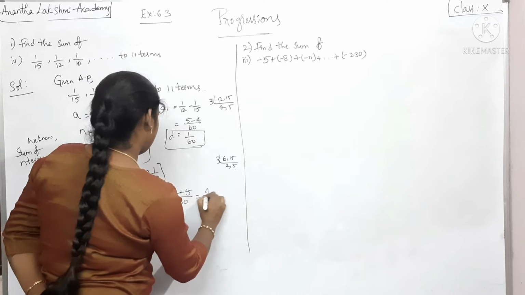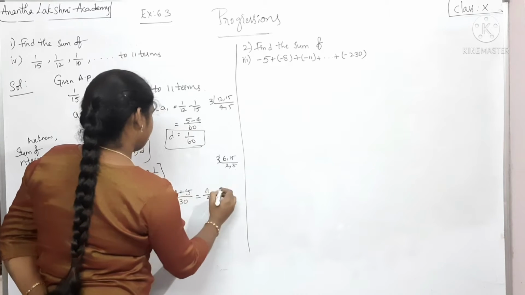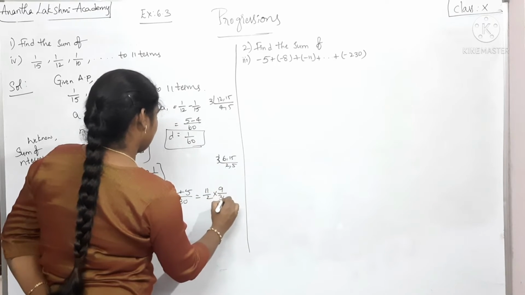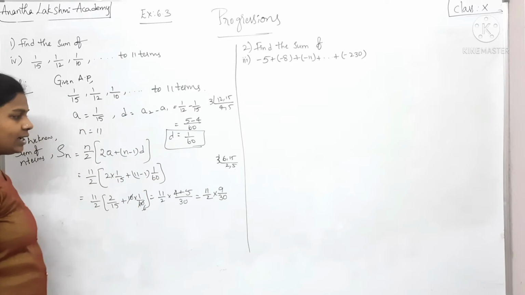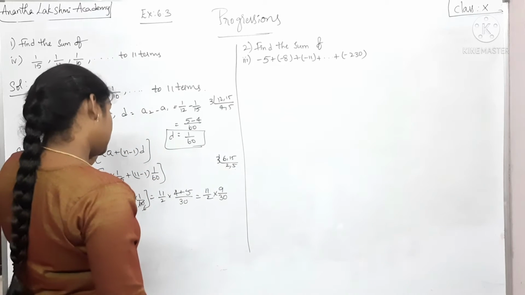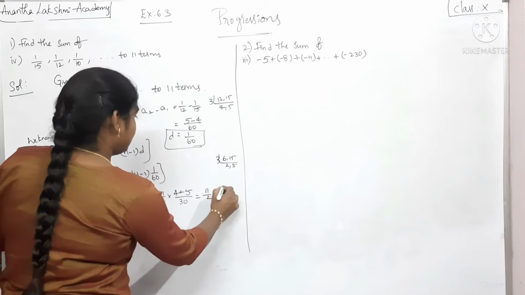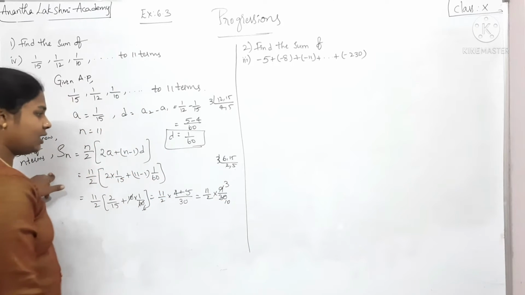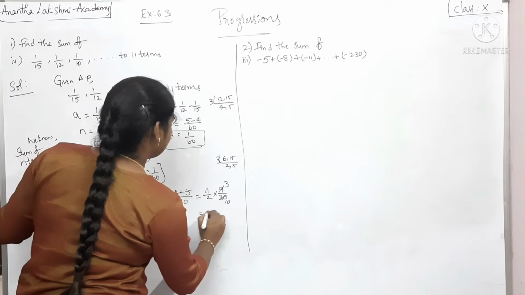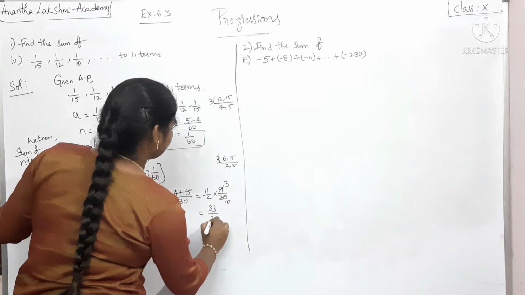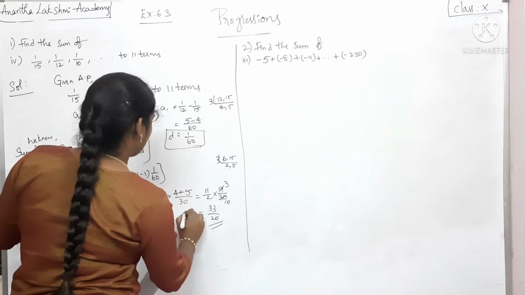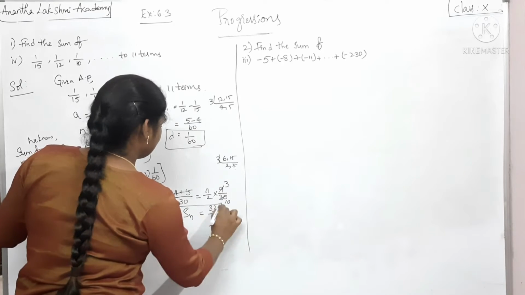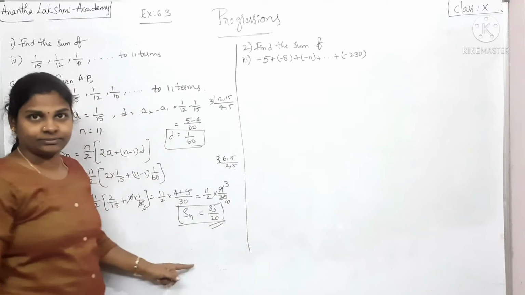So 11 by 2 into 9 by 30. Simplifying, this is going to be 33 by 20. So the sum of n terms is nothing but 33 by 20.